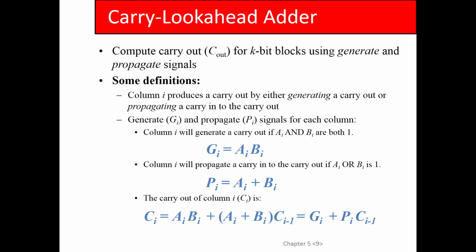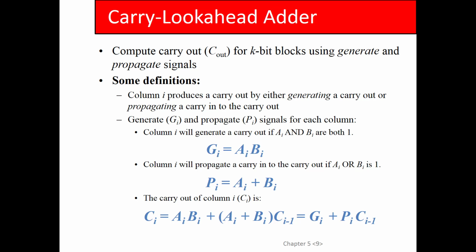That is going to guarantee a carryout no matter what happened before that in the columns to the right of that. So that's called a generate. This column, 1 plus 1, will generate a carry, no matter what happened before it, whether there's a carry in or not.